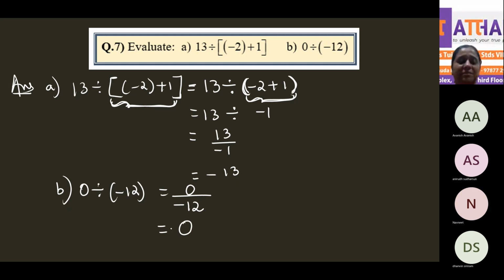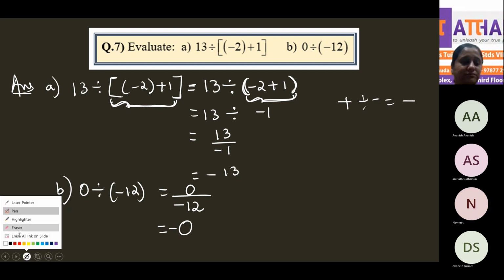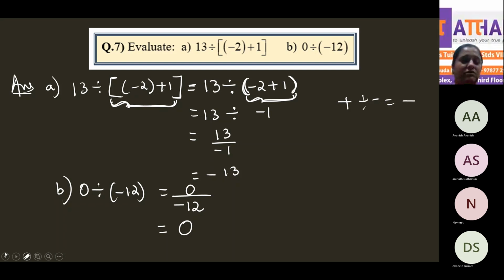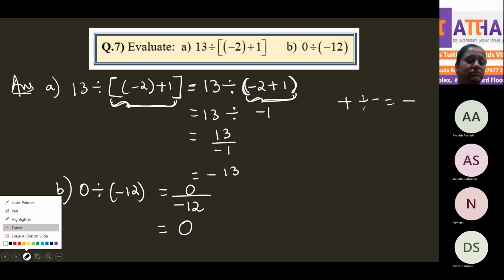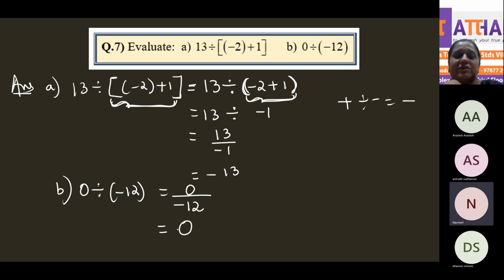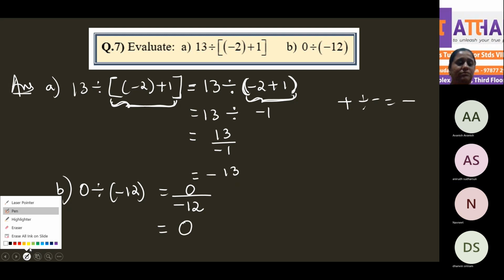Now you should not write -0. Actually, plus divided by minus is minus, but you should not write -0 because 0 is neither positive nor negative. It's just 0. Write down, boys.